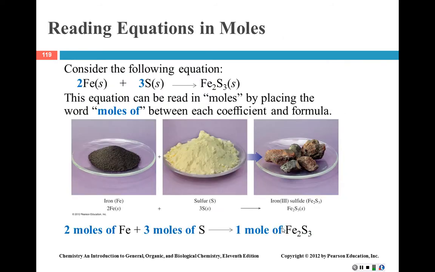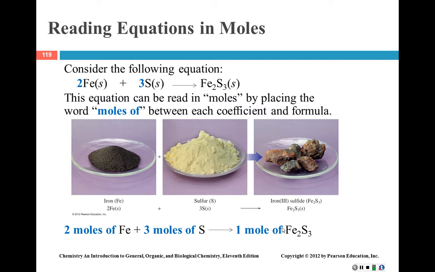So in the reaction of iron and sulfur, we can now know that the coefficient in front of these elements, compounds and molecules actually stands for how many moles we have, because these compounds, elements, and molecules are all going to react in what are called molar ratios.